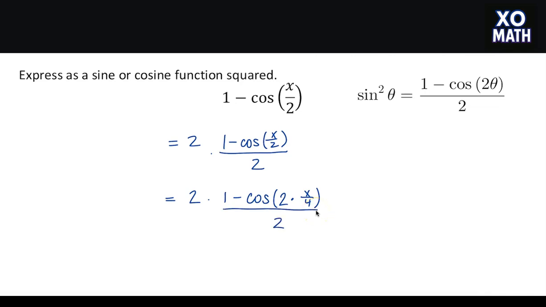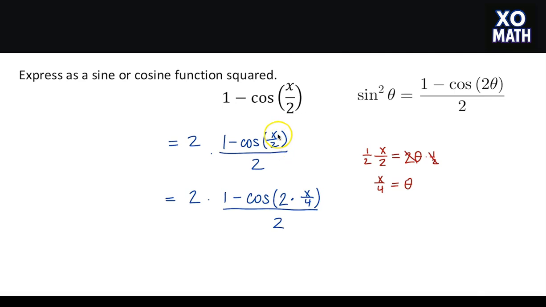The other thing that you can do, if you need to, is say I need x over 2 to be equal to 2 theta, and then solve for that theta. So I'm going to divide by 2 or multiply by 1/2, however you want to think about it. Multiply both sides by 1/2, so we get x over 4, since the 2 and the 1/2 multiply to be 1. So I have theta equals x over 4.